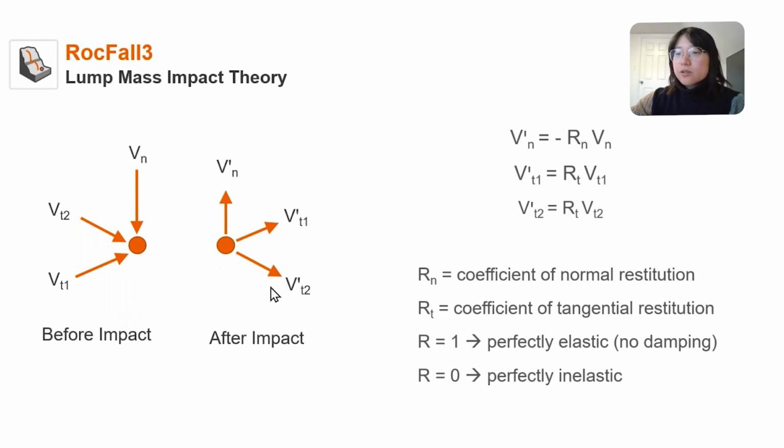The coefficients of restitution are then applied in the respective directions as sources of damping. These coefficients range from 1 to 0, 1 to represent a perfectly elastic impact with no damping or energy loss, and 0 to model an impact with full damping and complete energy loss.